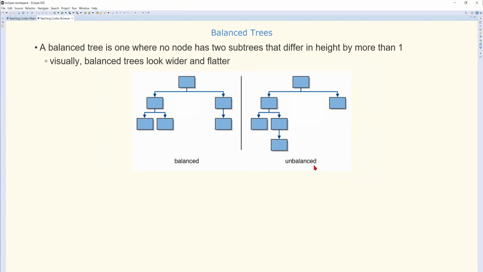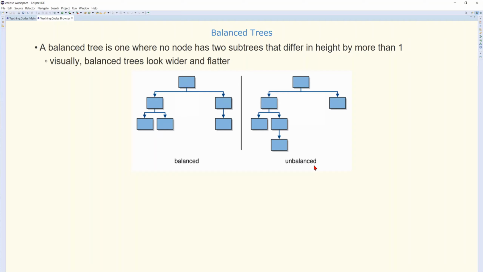So let's now define a balanced tree. We say a tree is balanced if the height of the left subtree and the height of the right subtree are not exactly equal, but very close. And we will say with a difference of at most 1.